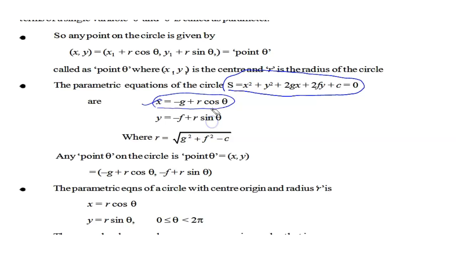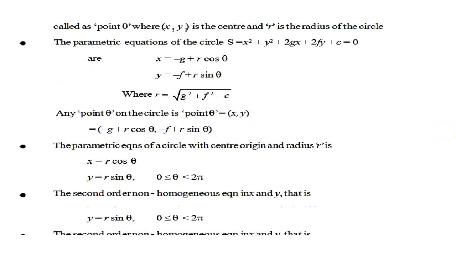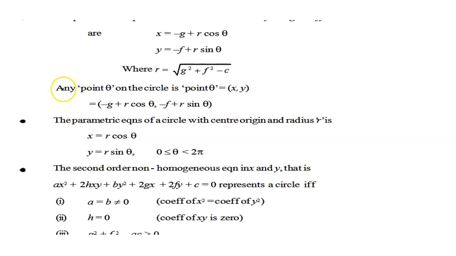In all the cases, r is the radius, which is nothing but root over g square plus f square minus c, when it is in general form. So for any point (x, y), we can take the x value as minus g plus r cos theta and the y value as minus f plus r sin theta.